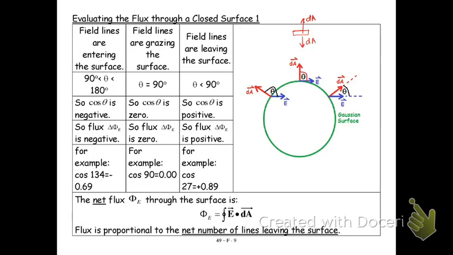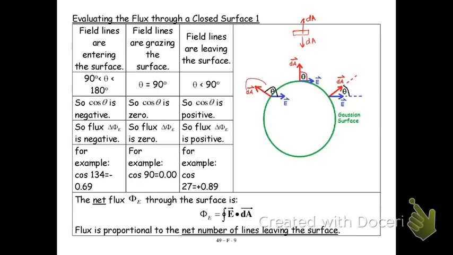It could be either. We just said it's perpendicular to the surface, but which surface? The top surface or the bottom surface? And the rule we're going to have is that the surface is always the outside surface of any enclosed shape. So it's always pointing outwards. The area vector always points out.